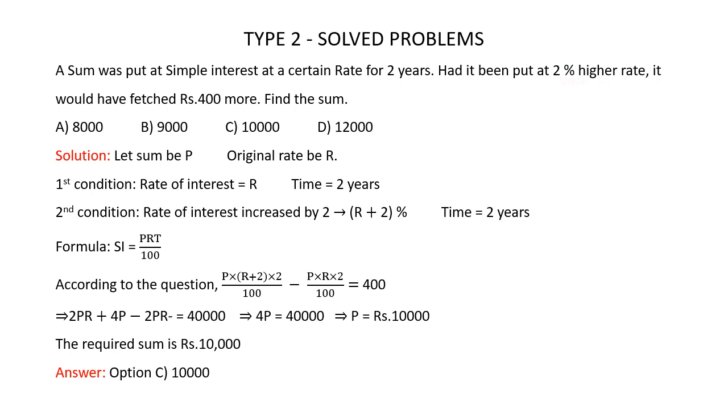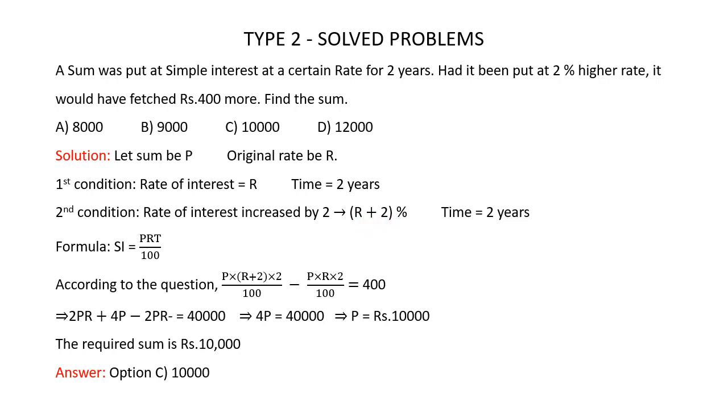It's given that in the second condition the rate of interest is 2% higher than the original rate of interest. Now since the rate of interest is increased by 2 and since the original rate of interest was R, it means that the new rate of interest is R plus 2%.